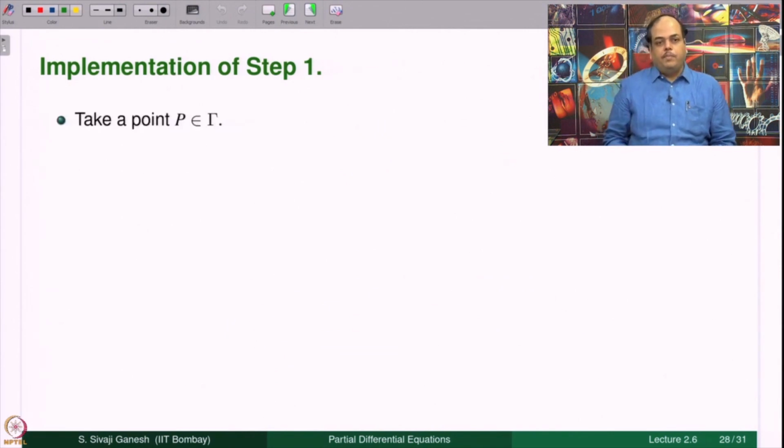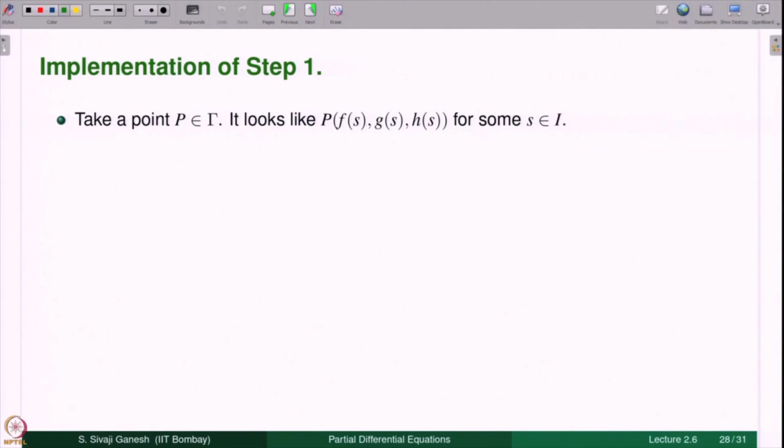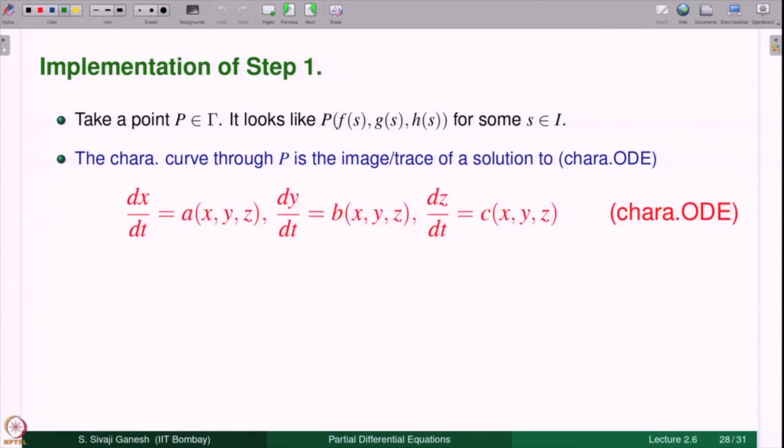Okay. How do we implement step 1? Take a point P on the datum curve. It looks like F(s), G(s), H(s) for some s in I. The characteristic curve through P is the image or trace of solutions to characteristic ODEs.